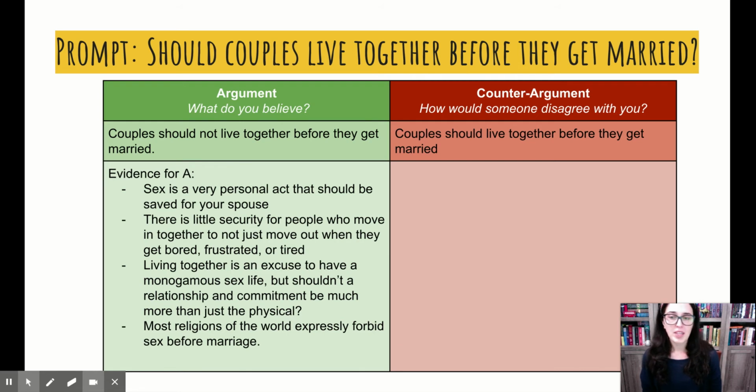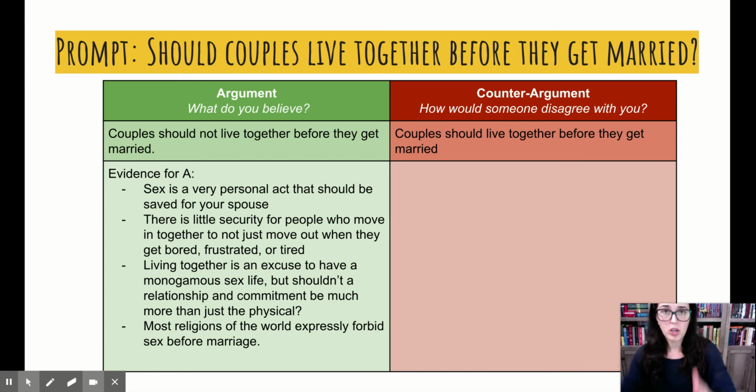The third point could be living together is an excuse to have a monogamous sex life, but shouldn't a relationship and a commitment be much more than just the physical? So that's another element, another thing that they would argue for why couples shouldn't live together before they get married. And then they say most religions of the world expressly forbid sex before marriage. So it's the idea of God and theology. Why would you go against God?